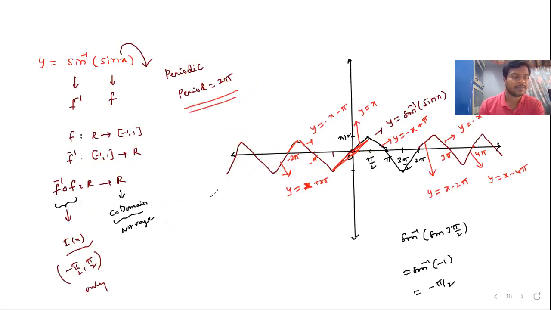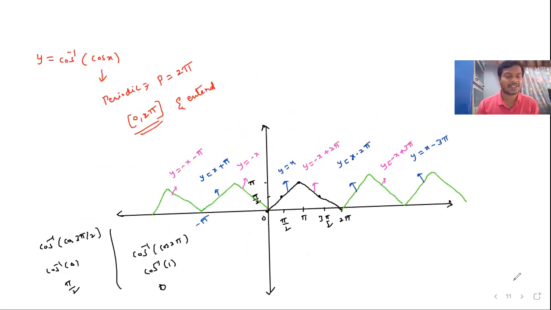And see here, for the graph of sine inverse of sine x, the domain is R and the range is from minus pi by 2 to pi by 2. Next, the cos inverse of cos x graph, for which clearly the domain is R and the range is from 0 to pi.